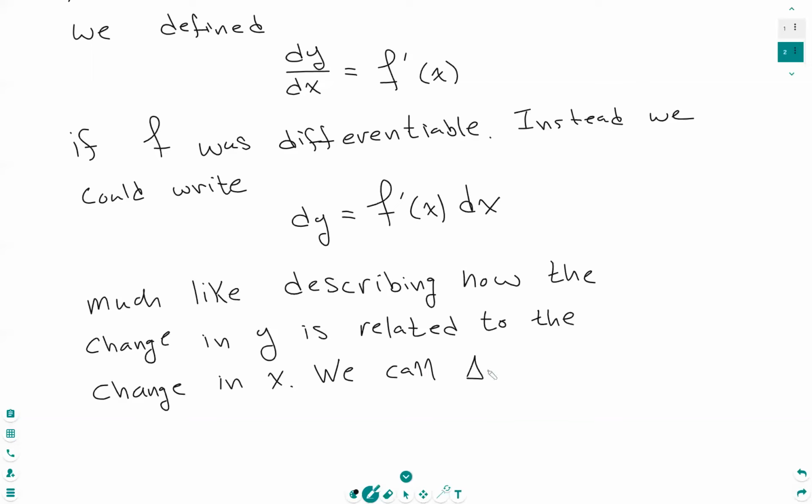We call delta y the increment and dy the differential.